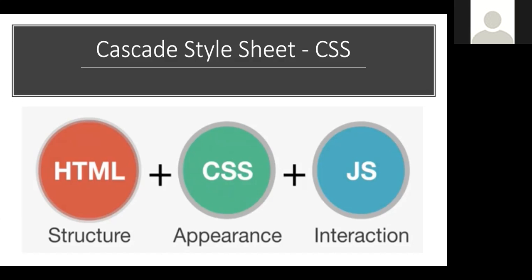And JavaScript actually is the third great tool that we use to build websites, and it can manipulate HTML elements as well as CSS properties, and that's what we will see today together.